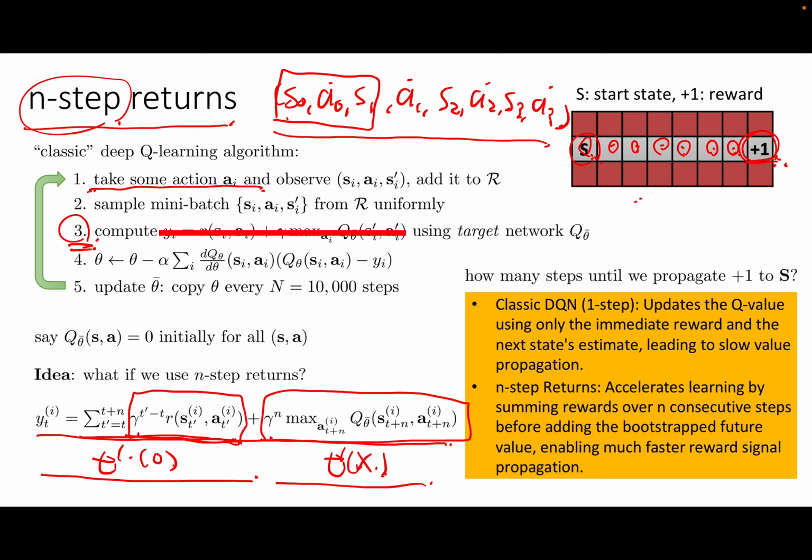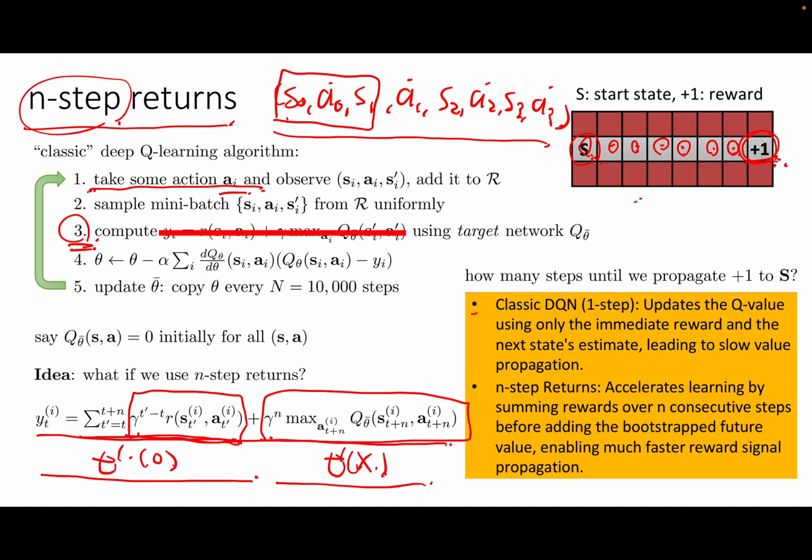Instead of taking action only once, as in the classic deep Q-learning algorithm, we take actions for n steps, where n is of course bigger than 1. Then we can make the training data transitions longer, include that when computing the target of our Q-learning algorithm, and make training faster.